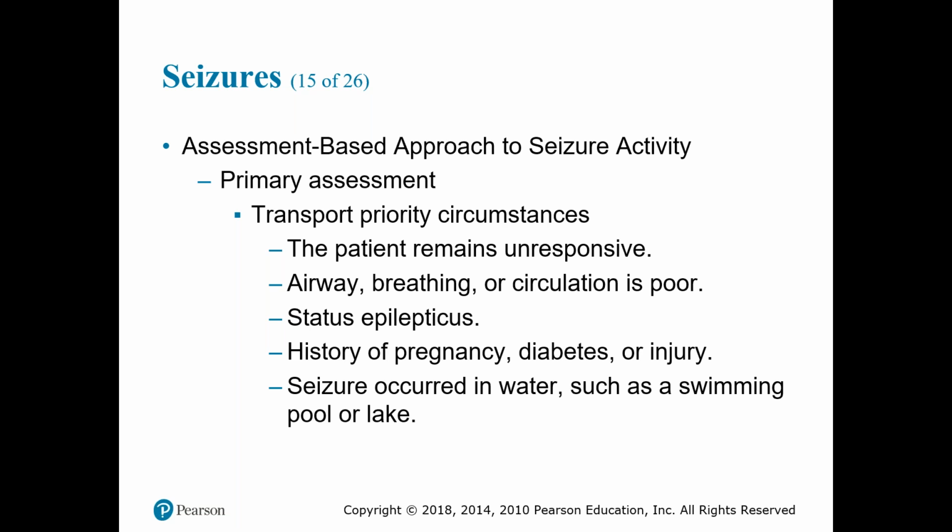Once we dive into our primary assessment, when we're looking at transport priority, these are the big keys that we're going to identify that this is going to be a load and go, an emergent transport of this patient. So if they remain unresponsive, if there's something wrong with the ABCs and specifically we can't fix it, if that patient is still seizing, and or we have a significant history of pregnancy, diabetes, and or head injury as well.